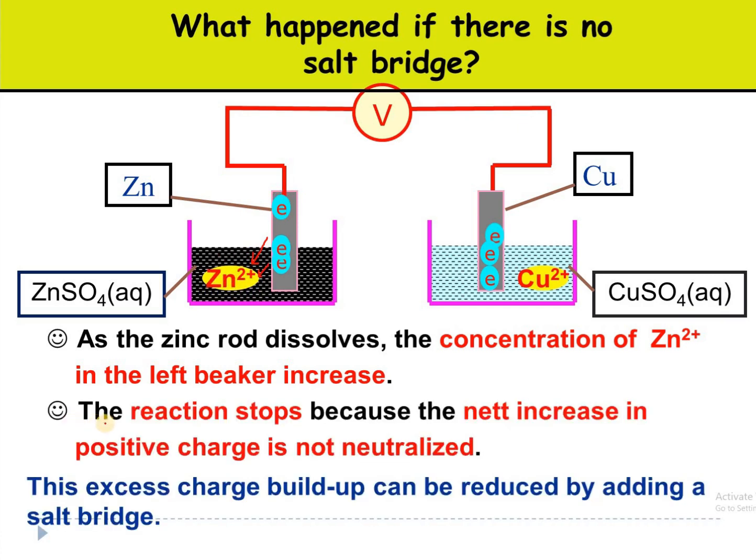So in our galvanic cell, the reaction stops because the net increase in positive charge is not neutralized. This excess charge can be reduced by adding a salt bridge. That is the function of the salt bridge in our galvanic cell.